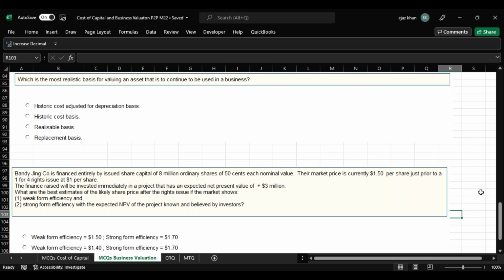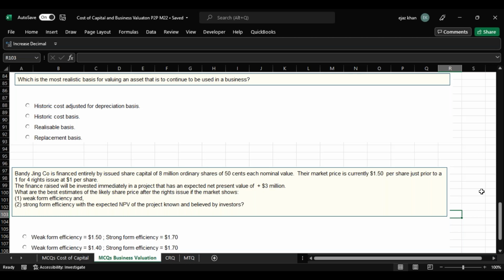Now, totally inefficient or weak form, I think it will be the same. I don't think that there's going to be another level below weak form efficiency. I mean, totally inefficient would mean that stock market will not react to any sort of information.